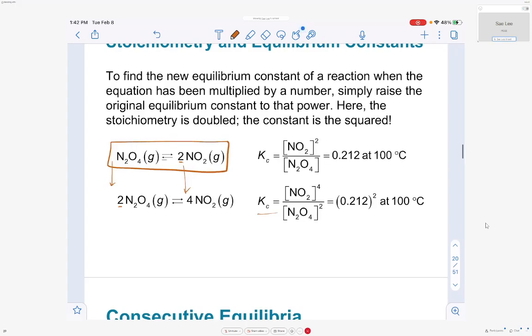Here the stoichiometry is doubled, so the below reaction is basically the above reaction multiplied by 2. Then the equilibrium constant for the new reaction is squared. It is raised to the power equal to whatever number has been multiplied to the equation.